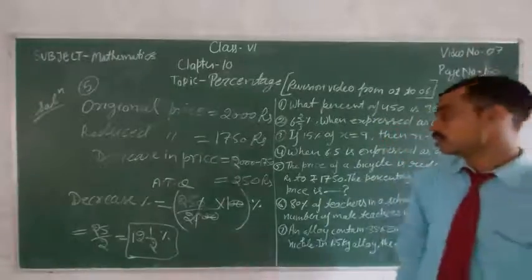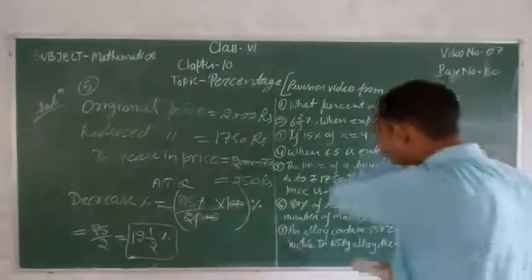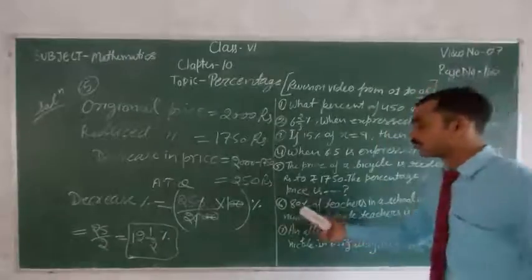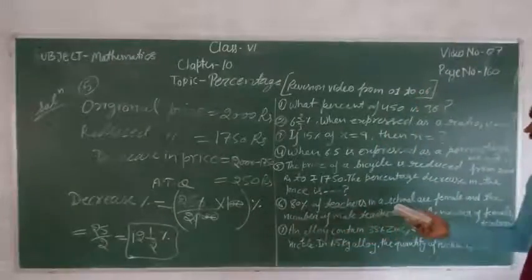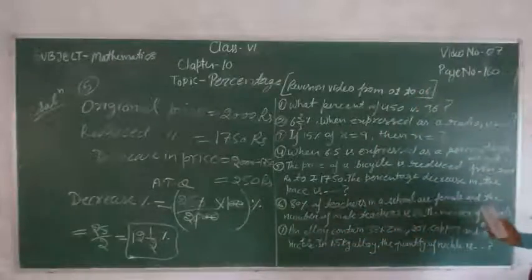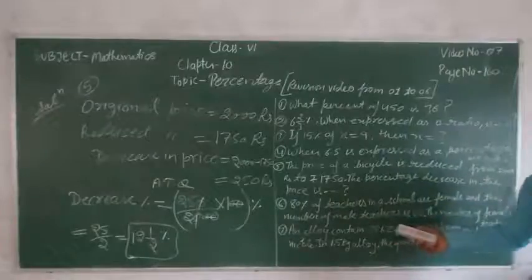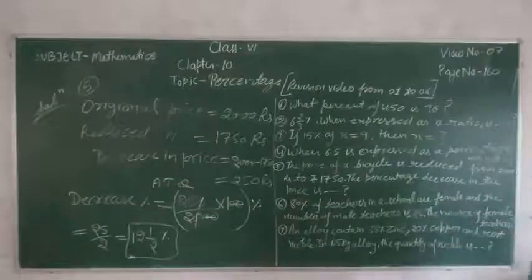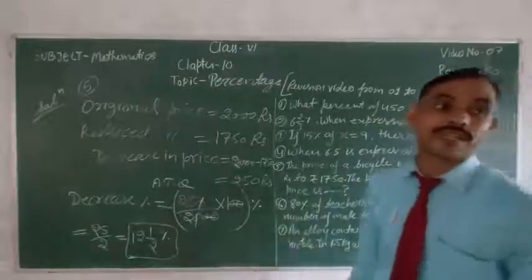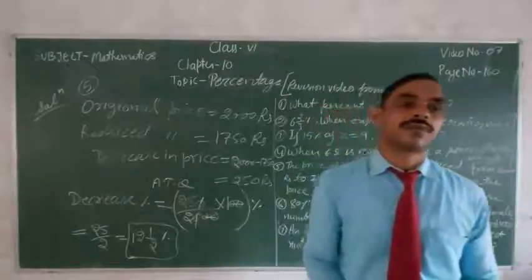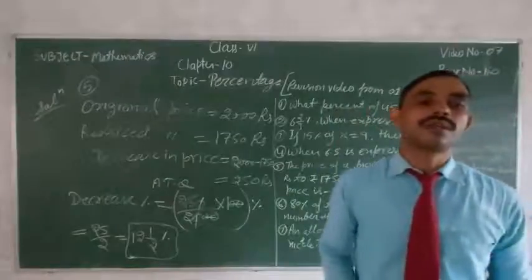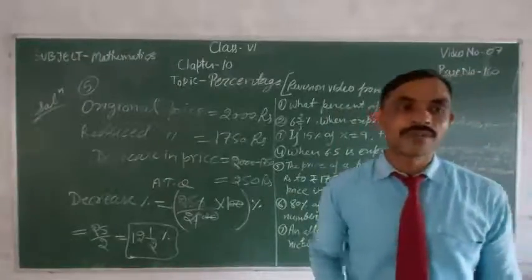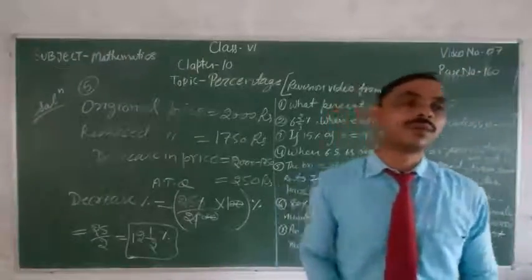Now see question number 6. 80% of the teachers in a school are female and the number of male teachers is 25. Find the number of teachers. So there is a school where 80% of the teachers are female and the number of male teachers is 25, where we have to tell the total number of teachers.